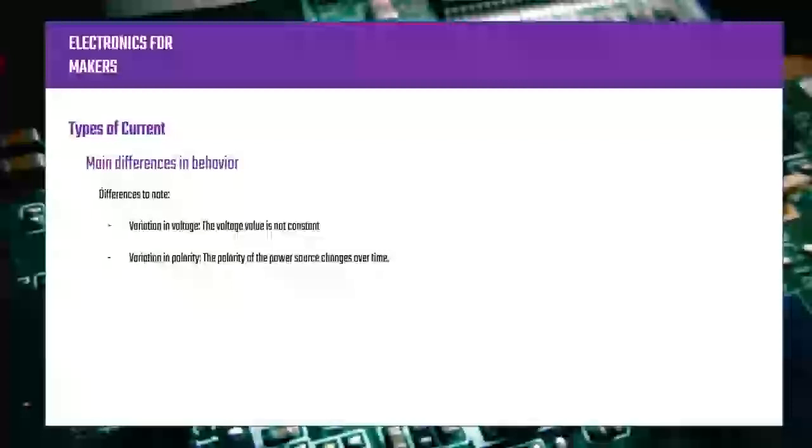What we are talking about is differences in behavior, okay? The behavior of the current over time. It's still electrons flowing in a conductor. It's always going to be this, okay? This is always going to be what we're going to study.